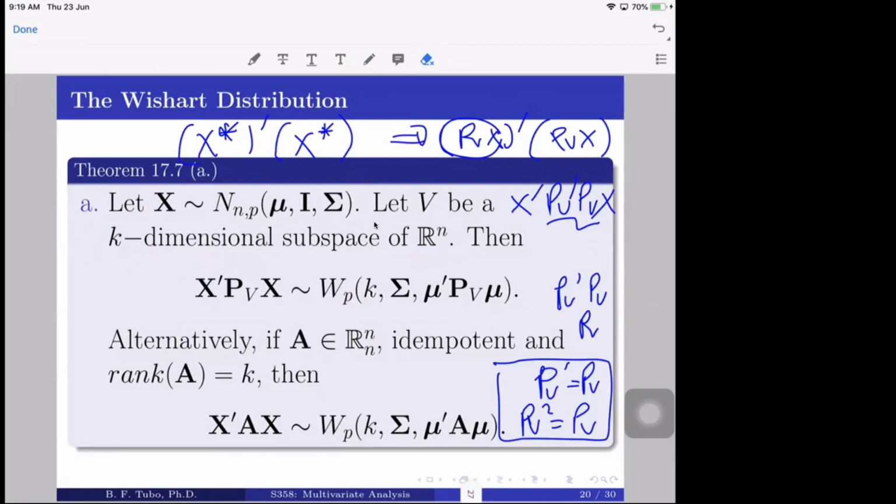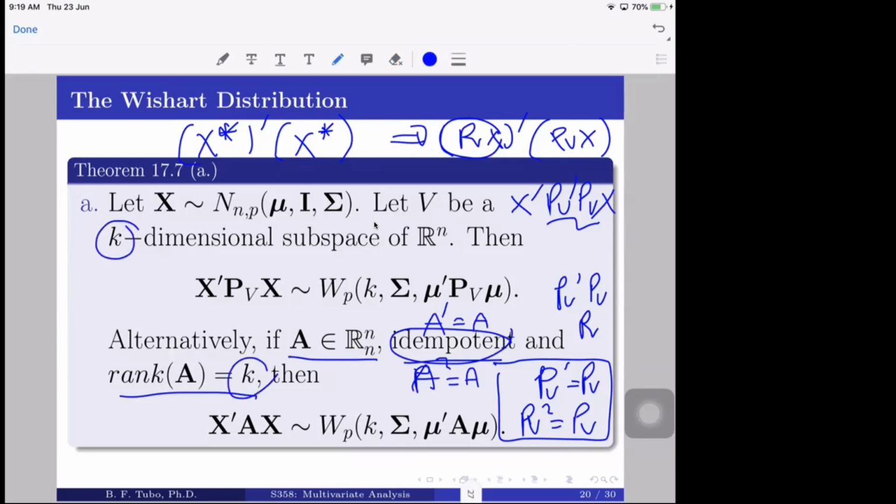Alternatively, if A is an n by n idempotent matrix, where idempotent means A prime is A and A squared is A, that is the definition of an idempotent matrix, and the rank of A is k, meaning it carries the dimension of your V, then PV becomes your A, and it is Wishart k.